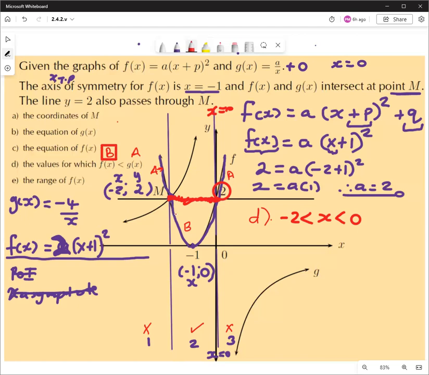Perfect. Then now they want us to find the range of f. f is the parabola. We're looking at the y values, right? So the range, you always go to the turning point. So we have a graph facing up like this, in this case. And then I can see that my y value on the turning point is 0, right? So you always use your y value on the turning point to find the range.